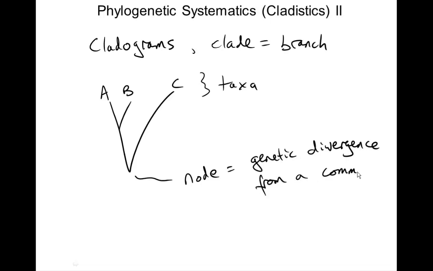So we've got a node right here where the lineage that leads to A and B breaks off from the lineage that leads to C. And then there's another node here where we've got an ancestor that diverges into A and B.